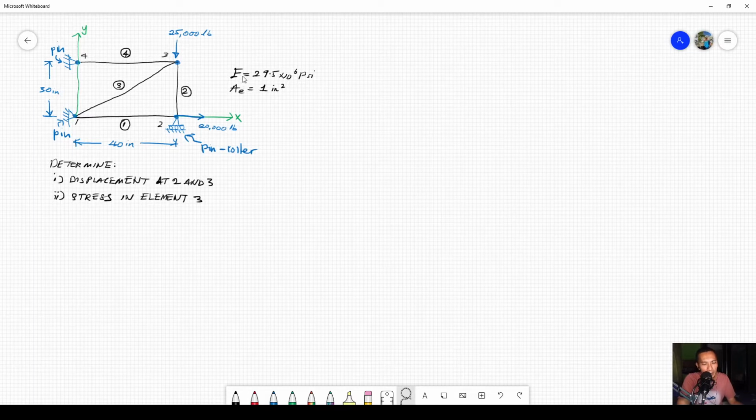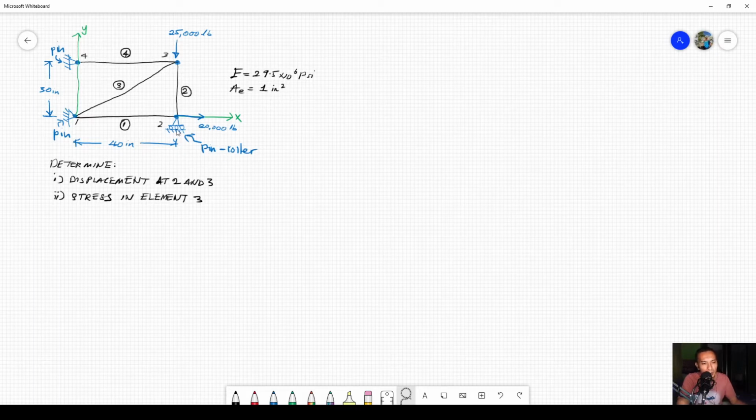The structure has dimensions of 40-inch length and 30-inch height. Given as well is the modulus of elasticity of this structure, which is 29.5 times 10 to the power of 6 pounds per square inch, and all elements have the same cross-sectional area of 1 square inch.